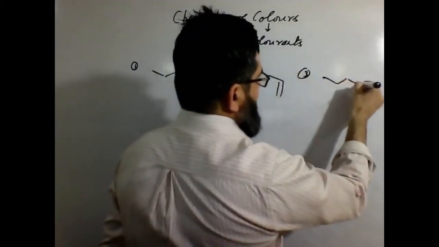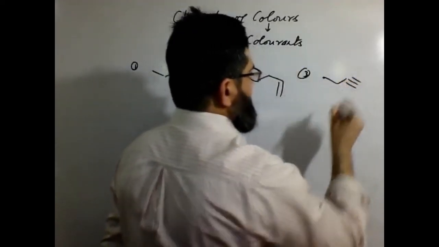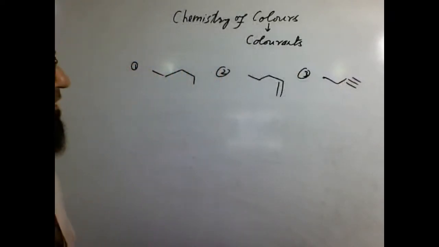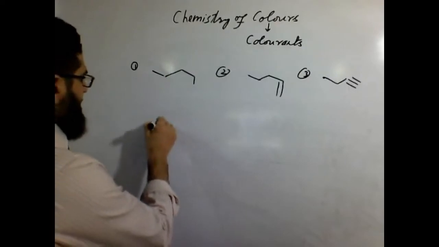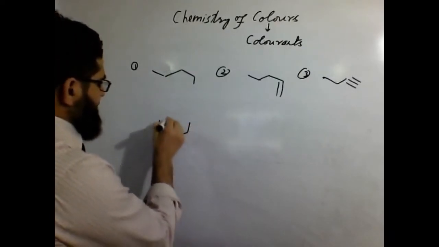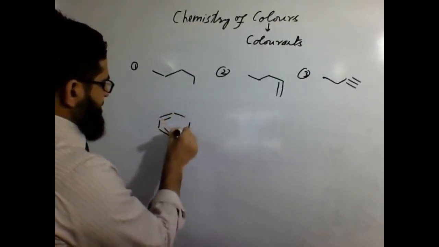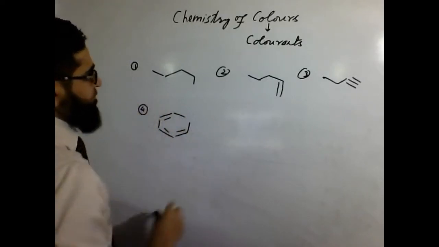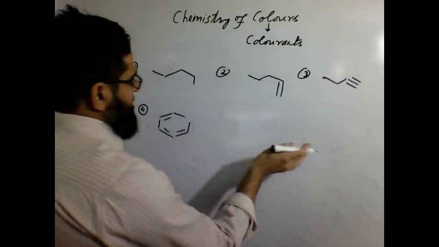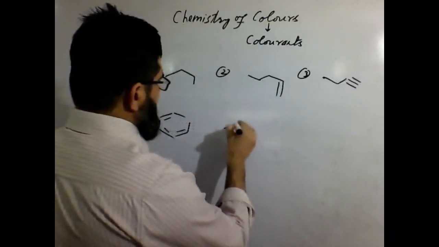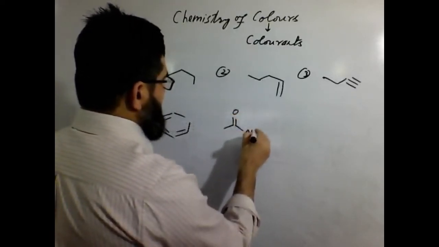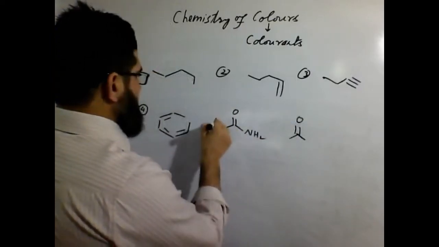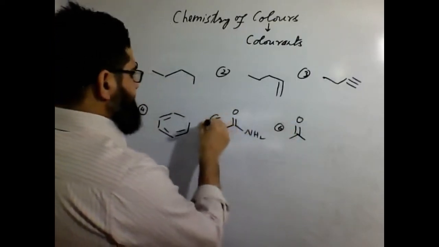Similarly, I can have some other molecules of this type, molecule number 3, in the form of an alkyne. Similarly, you guys have heard a lot about the benzenes. I could write it as molecule number 4. Similarly, the carbonyl derivatives, carbonyl compounds, and so forth, could be written as the candidates of the reactions.